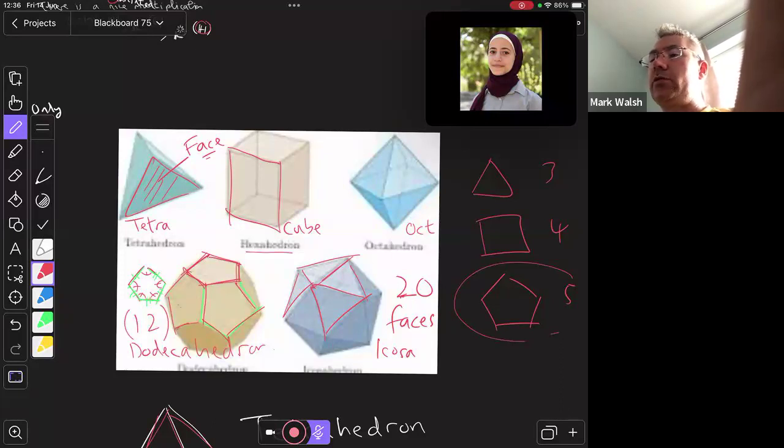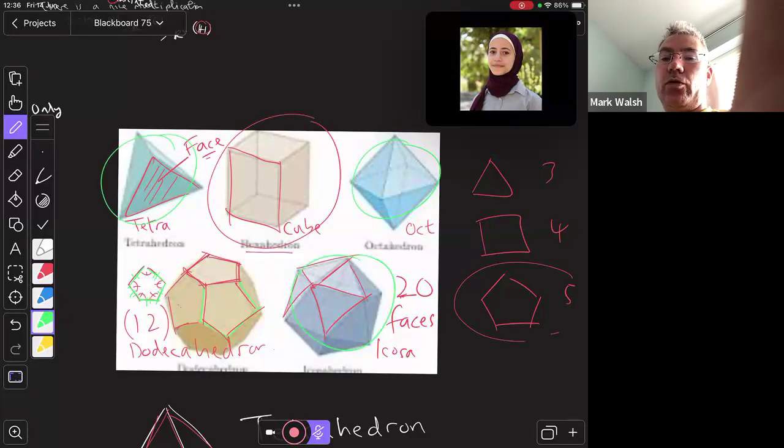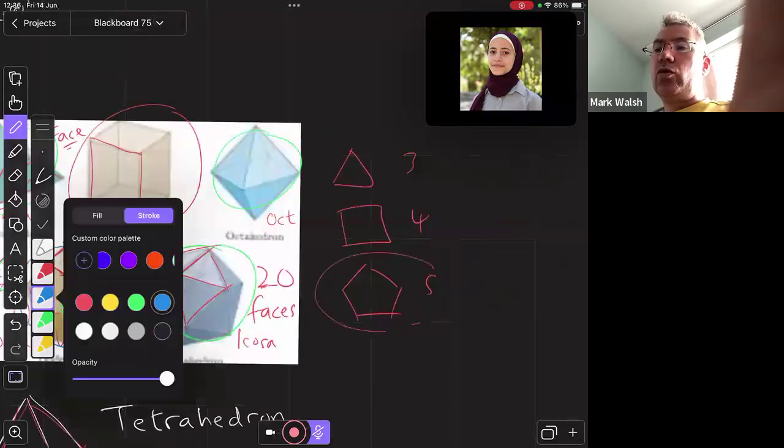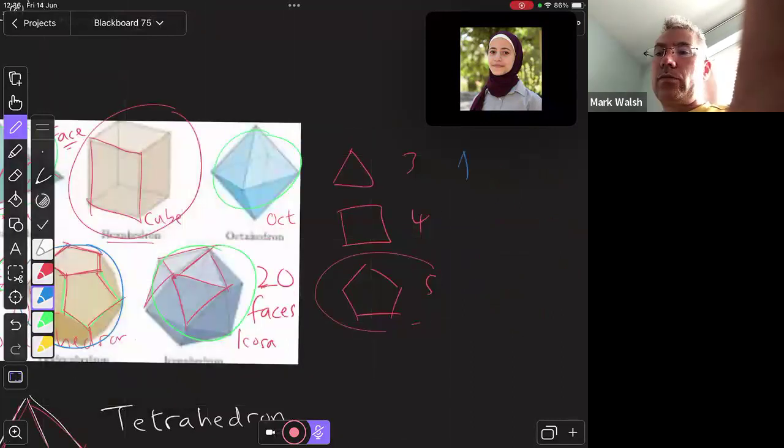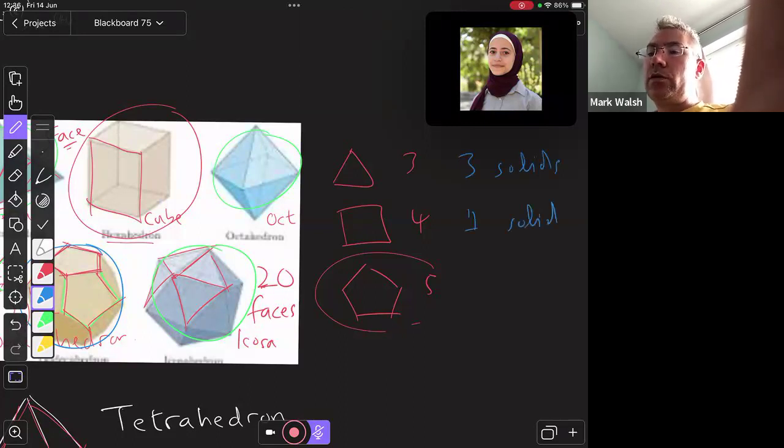Okay, that's it. So for the square, we get precisely the cube. For the triangle, we get these 3 here. And for the pentagon, we get exactly that. Okay. So just to be clear, 3 solids, 1 solid, that's the cube, and 1 solid.